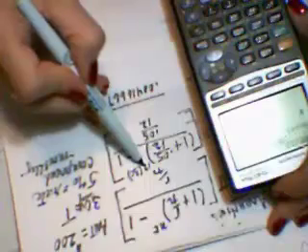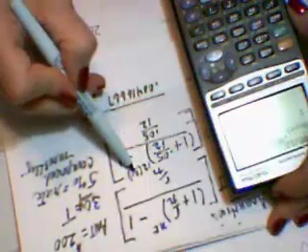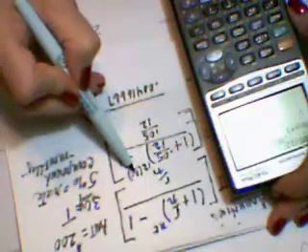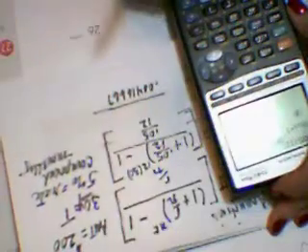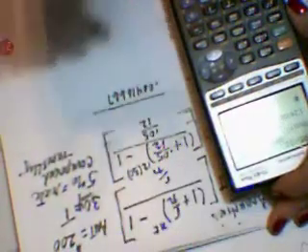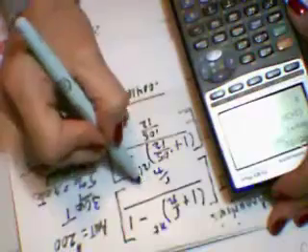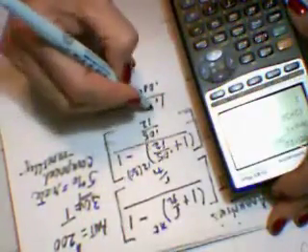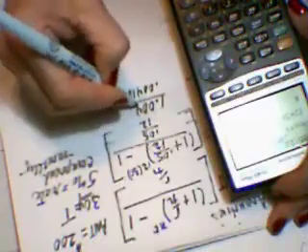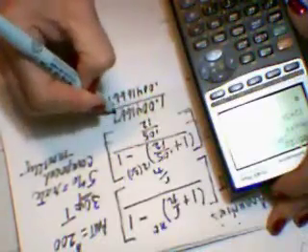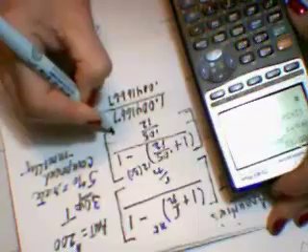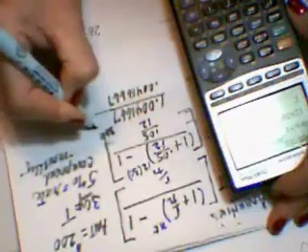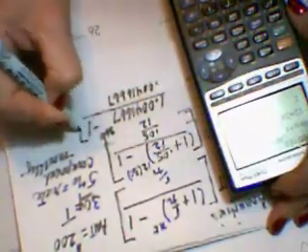Then I'm going to raise that to the 12 times 30 power. Well, 12 times 30 is 360. So I'm going to take 1.004167 raised to the 360 power minus 1.